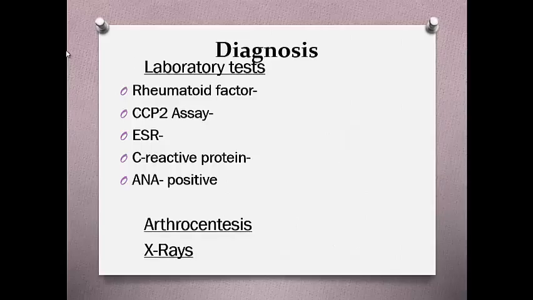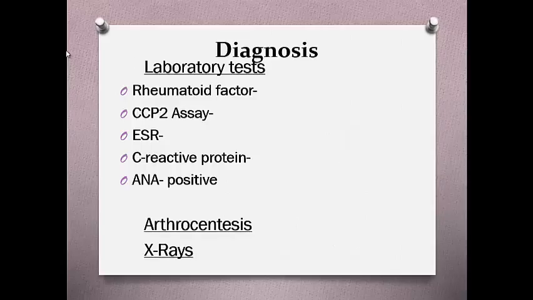ANA is also a blood test that measures antibodies that react with antigens. And normally in patients with rheumatoid arthritis, this will be positive. The higher the titer, the higher the inflammation. So in about 20 to 30% of patients, the ANA will be positive.